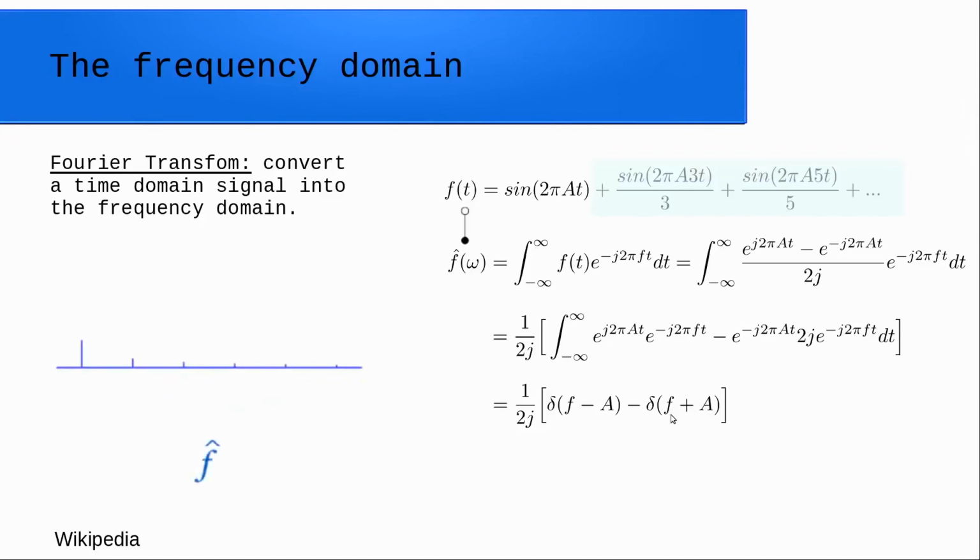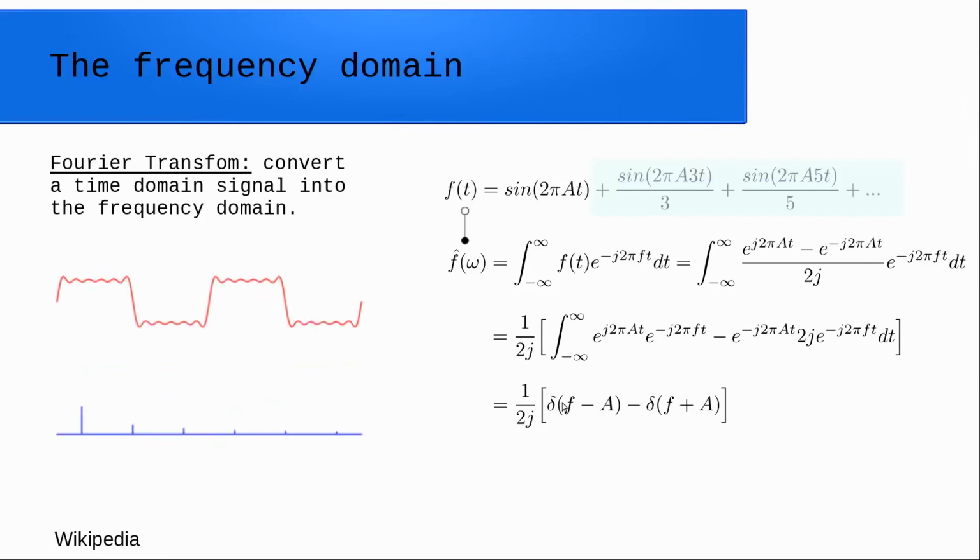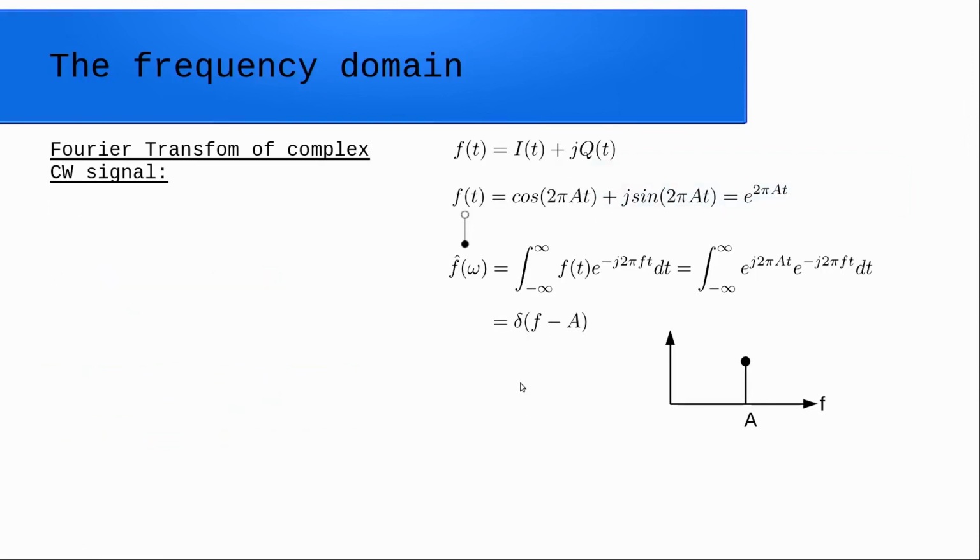And we still have half of an inverse imaginary unit here. If we have a look at the Fourier transform of a complex constant wave signal, this actually simplifies to one delta impulse here at a frequency of a.